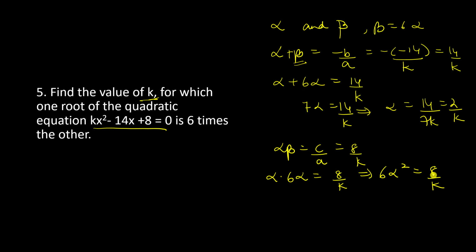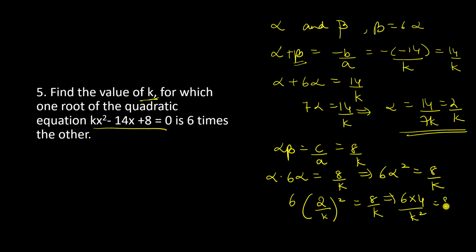If 6 alpha square is equal to 8 by k, this would be the same as 6 times 2 by k the whole square is equal to 8 by k from the expression we got earlier. We get that 6 times 4 by k square is equal to 8 by k. On further simplification, this would give us the value of k as 3.